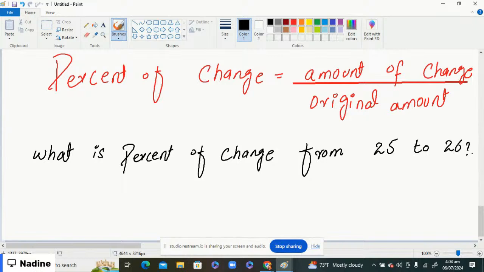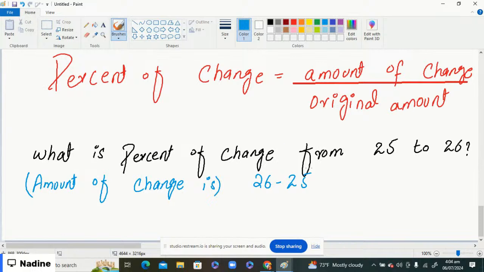First of all, let's just find the amount of change. How are we going to find the amount of change? The amount of change is 26 minus 25. Okay, that is equal to 1. This is the amount of change.